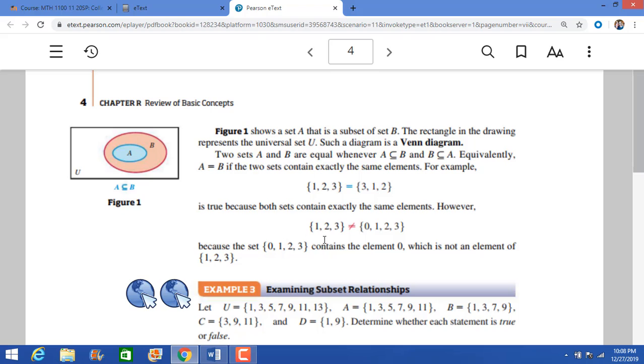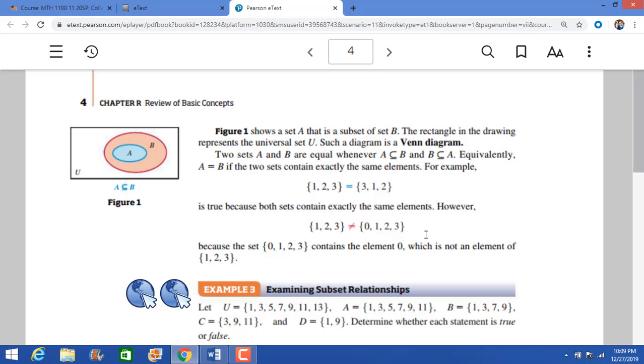Now also we could see that these two sets here are not equal because they don't have the same number of elements. So if we have two sets that are not the same size, that do not contain the same number of elements, they can't be equal. In order to be equal, you have to first be of the same size. But that's not good enough.